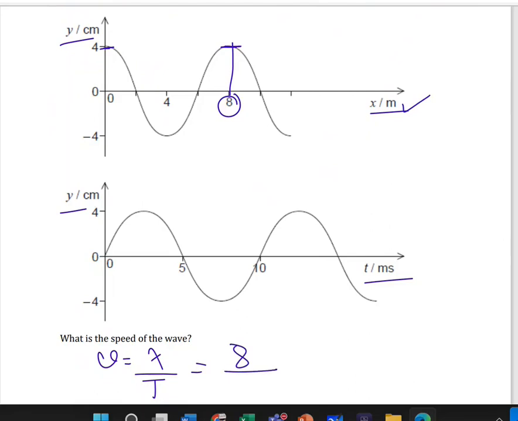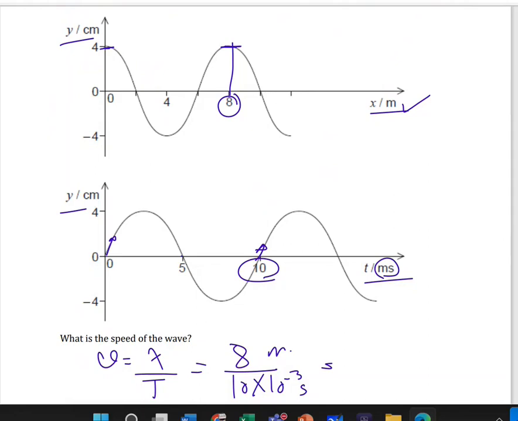Divided by the period from the second graph. The period, now this point here is oscillating up, this is down, this is oscillating up, 2 consecutive points in phase, they're doing the same thing. So this is what time, 10 millisecond, that means 10 times 10 to the power negative 3 second.